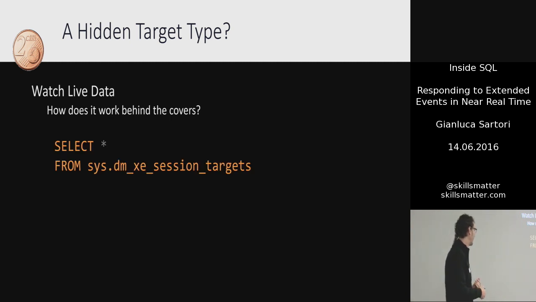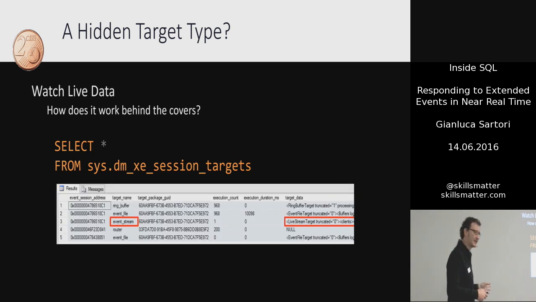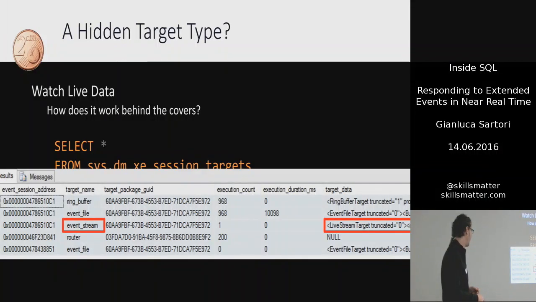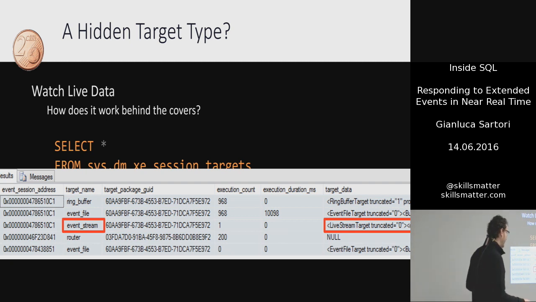If you take a look at this DMV, sys.dm_xe_session_targets, this describes all the targets hooked to active sessions. When you have the Watch Live Data window open, you will see that something turns up. And the target name is Event Stream. And in target data, you have the live stream target, and so on.